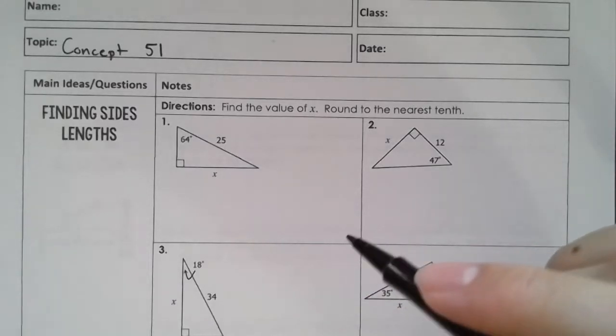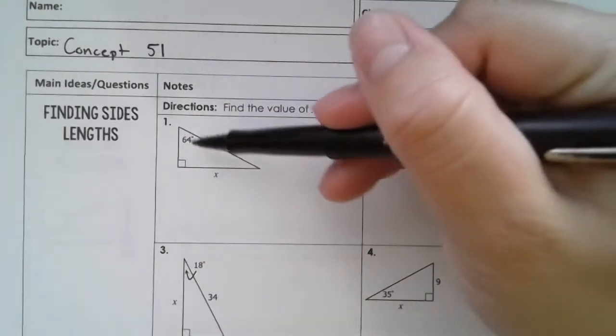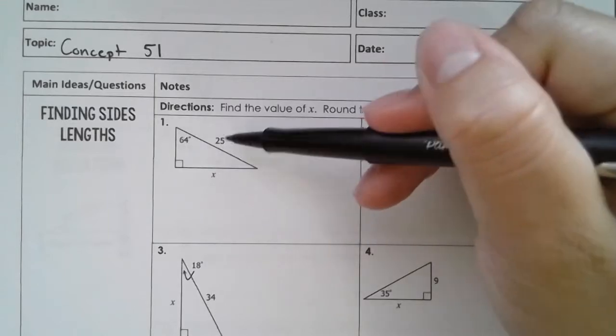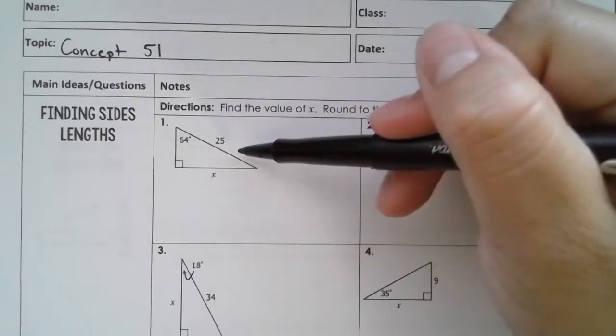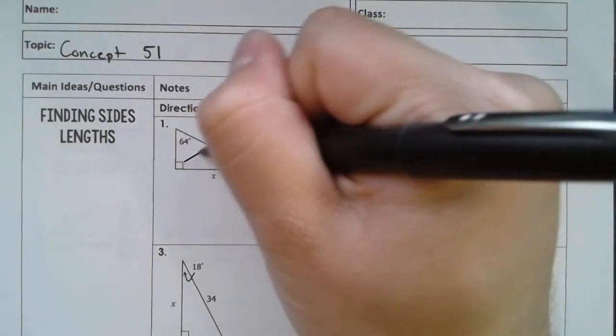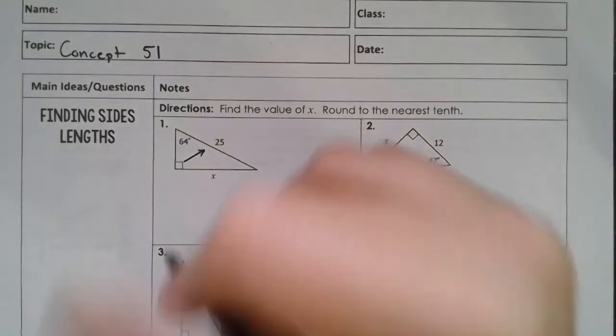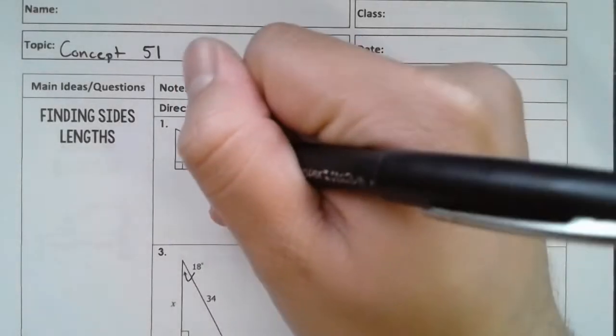So I'm given an angle of 64 degrees, and I want to find this x here, and I have the hypotenuse given, because it's across from my right angle. So I need to think, what trig ratio is going to help me find what x is? Sine of 64, SOHCAHTOA.